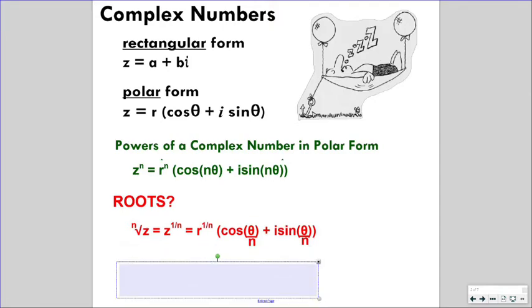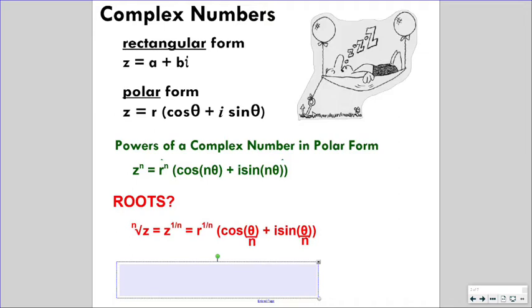We're thinking back to chapter 5, which was last semester, and the rules of exponents and logs. If we take the root of something, it's like raising it to the fractional power. So that's what we're going to apply. And so the equation for roots looks really similar to the equation to raise a complex number in polar form to a power. We're just dividing theta by that root instead of multiplying it.